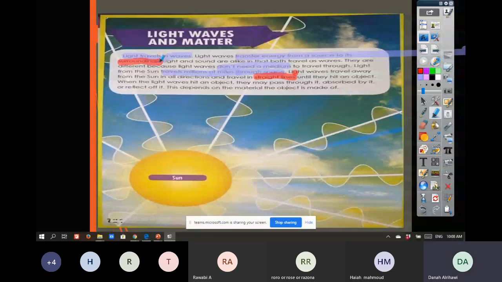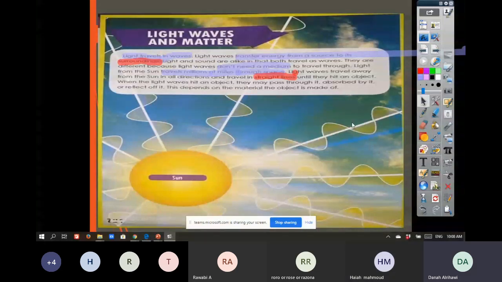Now, let's see page 726. Materials can be divided into three groups according to how much light they allow to pass through them.